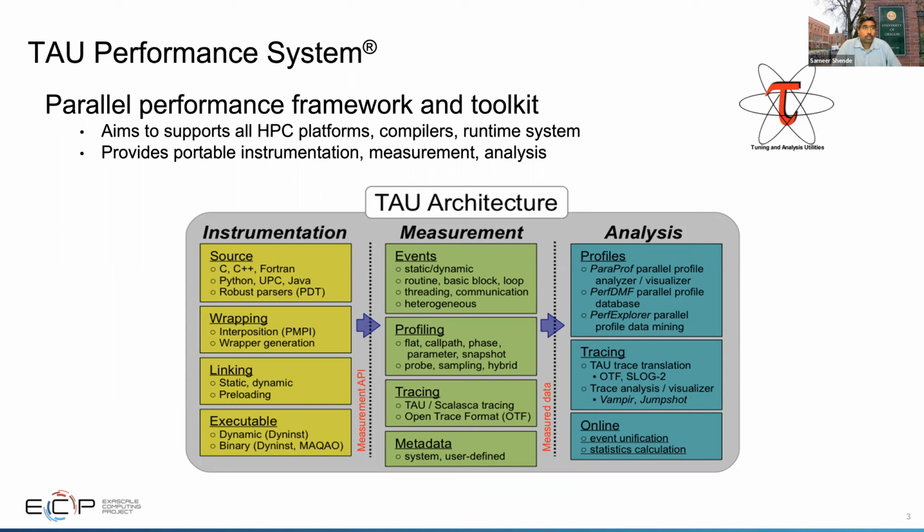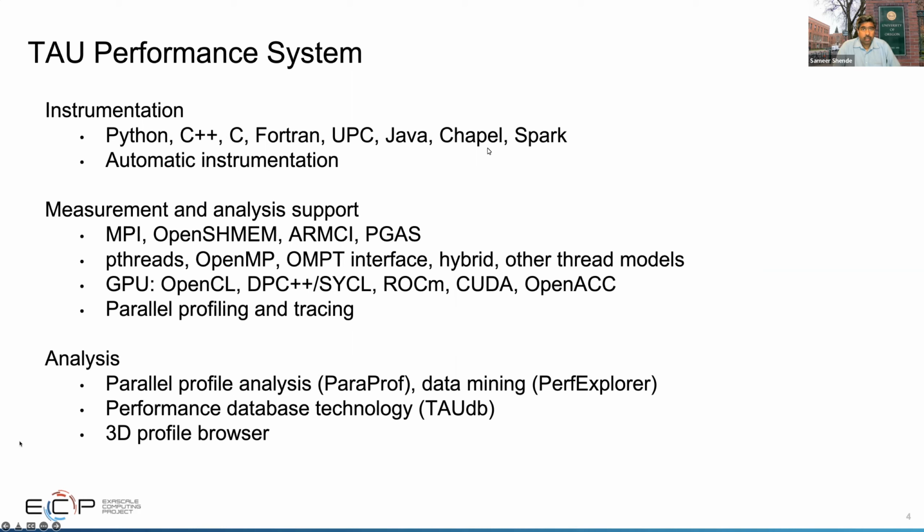TAU aims to support all the HPC platforms, compilers, and runtime systems, and aims to provide portable instrumentation, measurement, and analysis capabilities. It supports a range of languages such as C, C++, Fortran, Python, even Chapel, Java, and Spark.